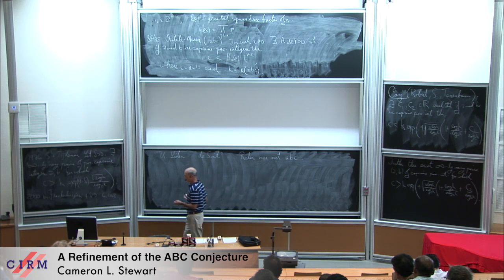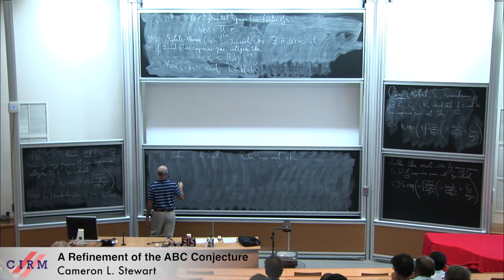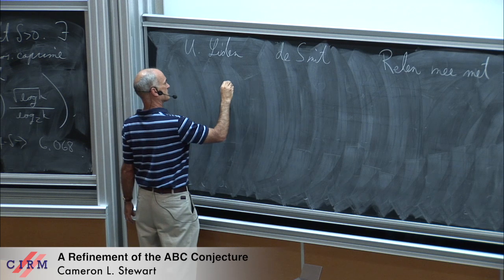And what you want to do, well, of course, the ABC conjecture is concerned with pairs that are exceptional. And so in this vast computation, you're looking at the exceptional points here, and there has to be some way of measuring whether a pair A, B is exceptional.